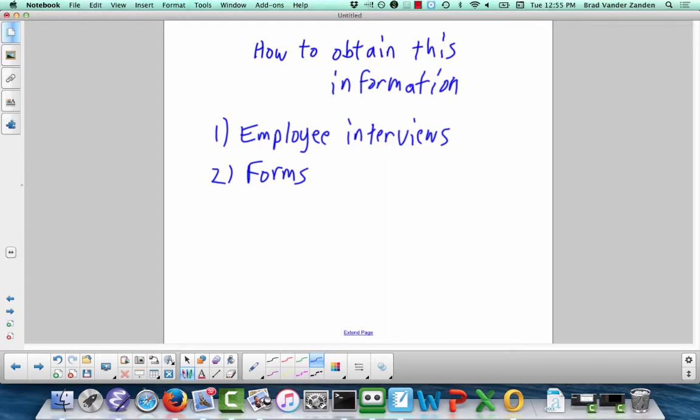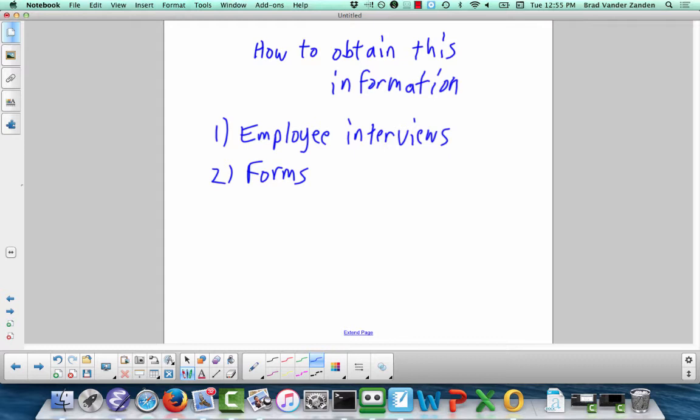So leases in a property management company, or add/drop forms in a university are things that are important. Obviously, entrance forms, like when you apply, those things. So those are the two biggest sources of information.